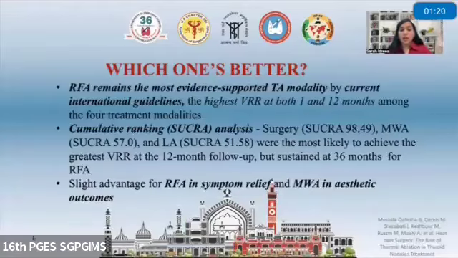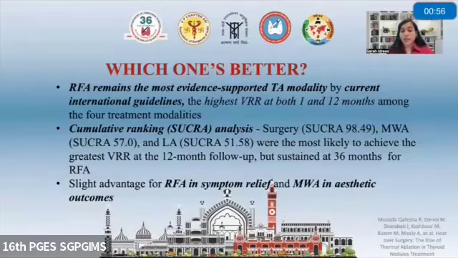Now, if you ask me which one of the thermal techniques is better than the other, then the evidence supports radiofrequency ablation as per the current guidelines, because it has the highest volume reduction rate at both 1 and 12 months among the 4 treatment modalities of RFA, microwave, laser, and HIFU.